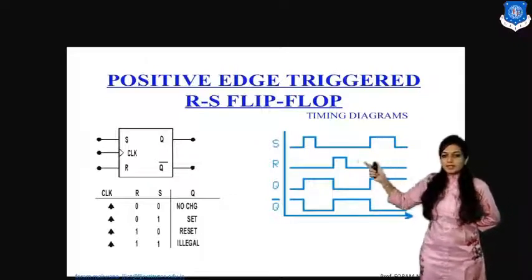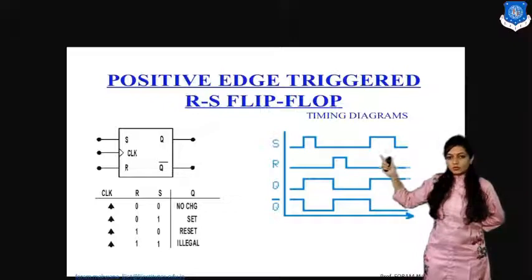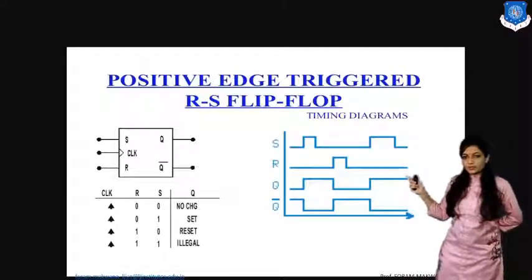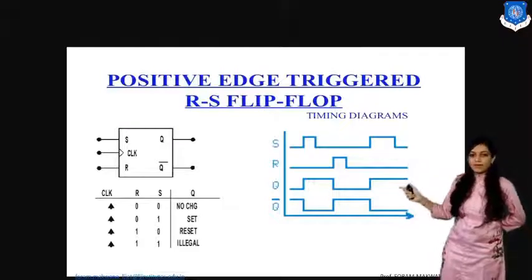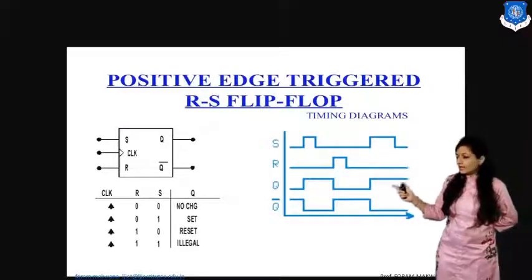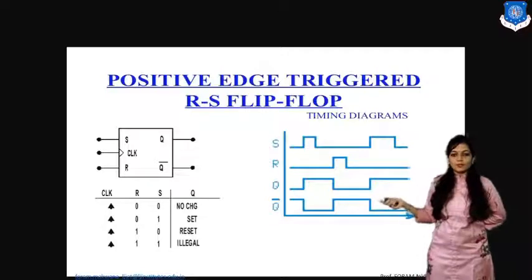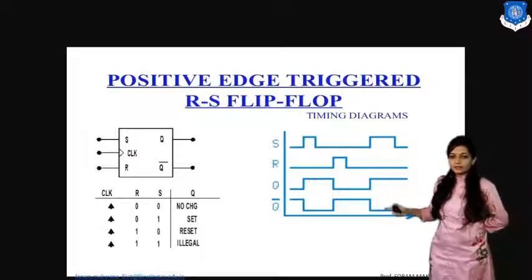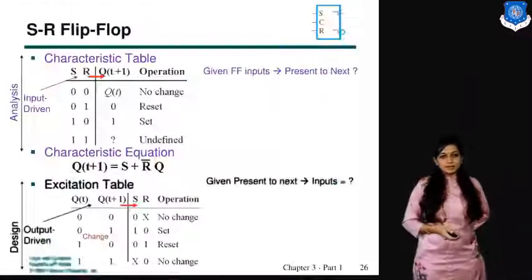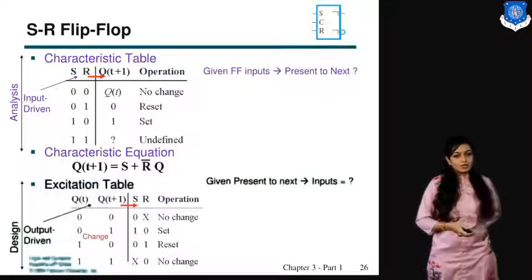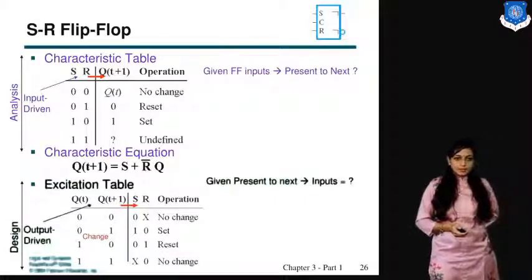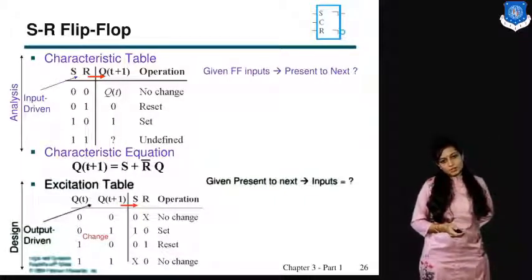Again, as S is equal to 0, in the transition of the clock, my Q becomes 0. Whenever S is equal to 1, I will get Q equal to 1. And the exact complement of this Q will be available at Q bar. Okay. This is a timing diagram. Now we are going to obtain the characteristic table and the excitation.